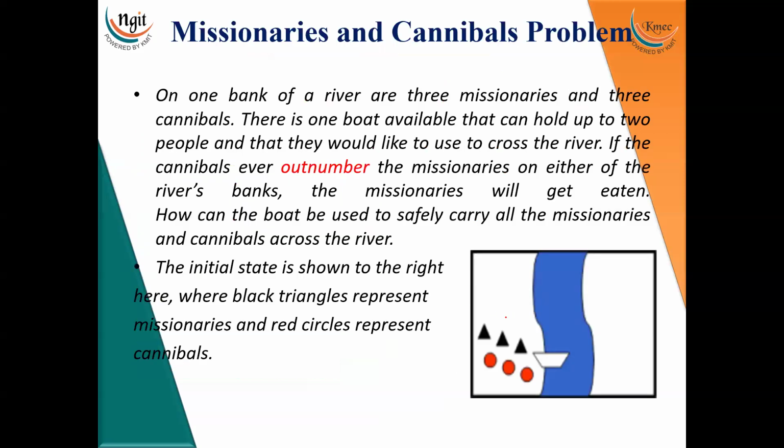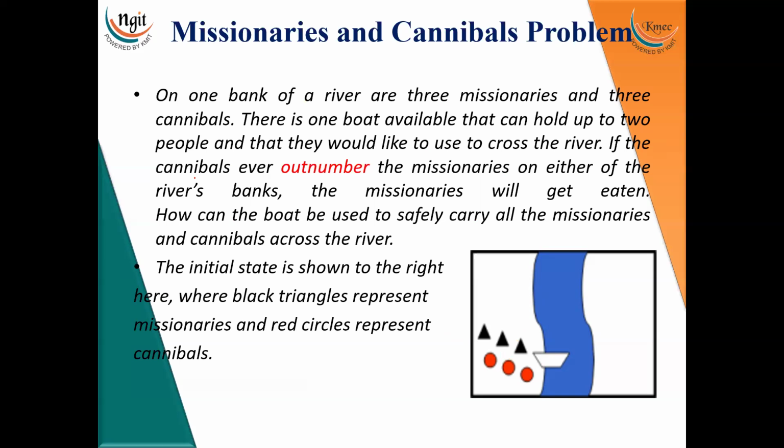See here, on one bank of a river, there are 3 missionaries and 3 cannibals, and there is only one boat that can hold up to only 2 people. And they have to cross the river. And if the cannibals ever outnumber the missionaries on either of the river banks, the missionaries will get eaten. So now the question is, how can the boat be used to safely carry all the missionaries and cannibals across the river?